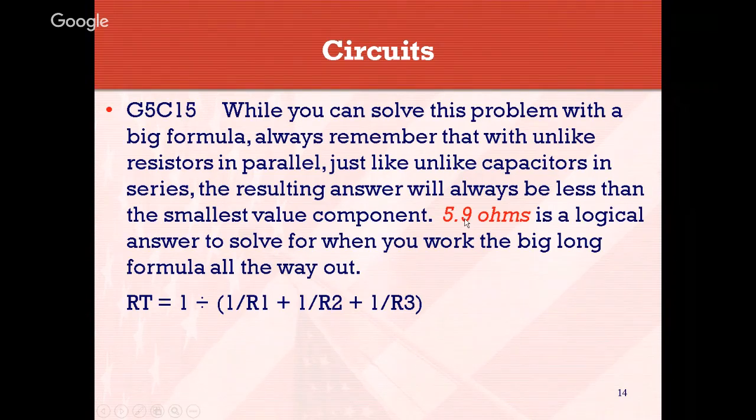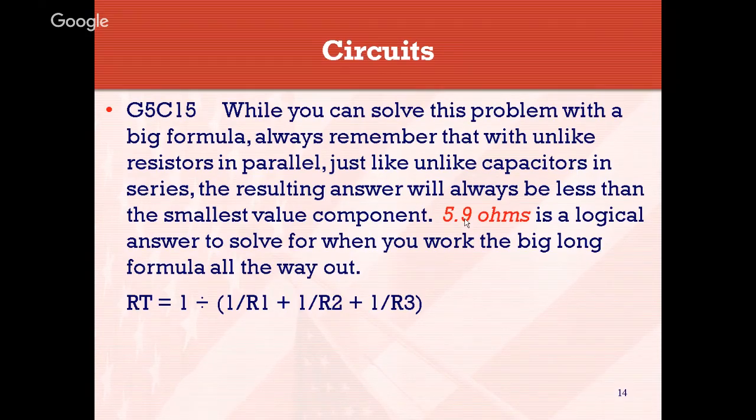So the thing to remember about this is that the total amount of ohms in a parallel circuit, and they're talking about a parallel circuit, not a series, we just covered that series, is always going to be less than the smallest value component.